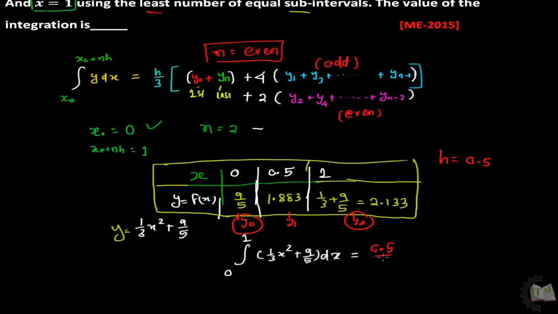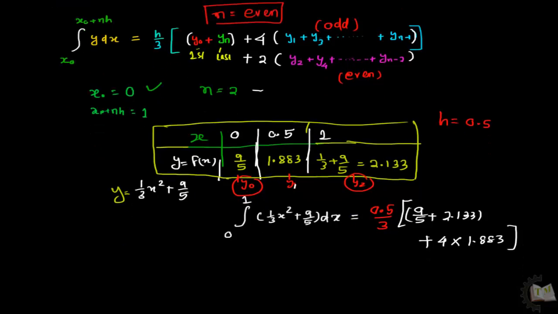So 0.5 divided by 3, whole into y0, the first term, that is 9 divided by 5, plus the last term, that is 2.133, plus 4 whole into the odd part, that is y1, so 4 whole into 1.883. But there is no even part, so neglect this part.